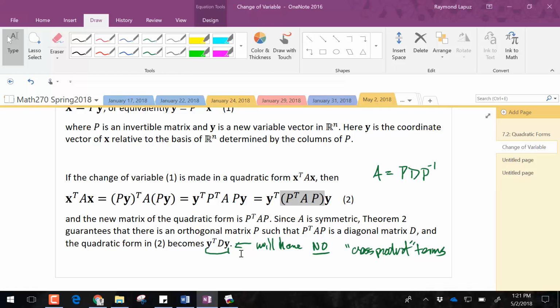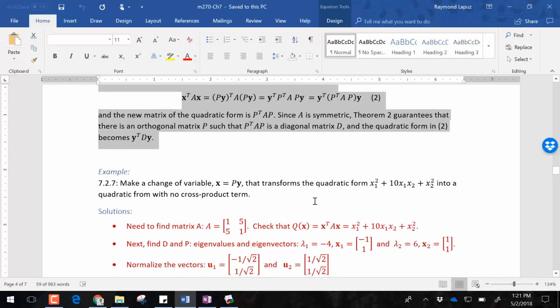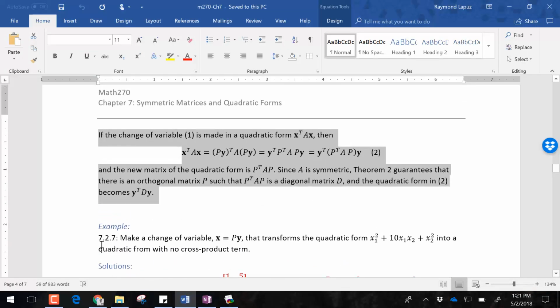It's just going to be something squared and something squared. Yes, those P matrices take care of that and make it into a diagonal. All right, so our task is to diagonalize a matrix, which is something that we are all experts in, kind of. So let's do an example. Oh, there's a solution here already.